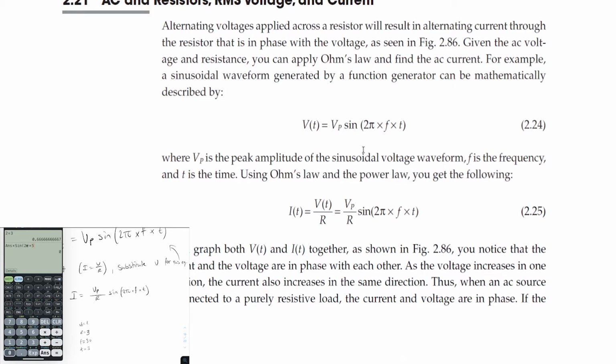It must be radians. 2 pi times F. So F is 50, obviously. Times time, which is 3 seconds. What is equal to 0? What did I do wrong?